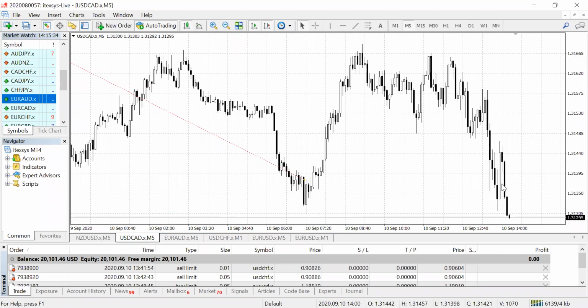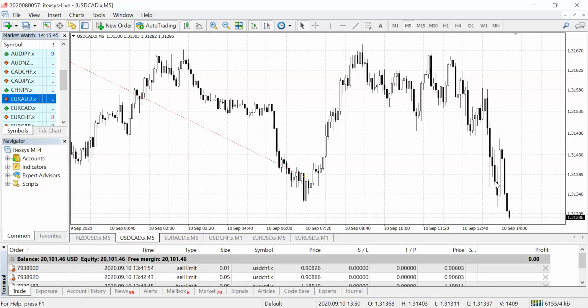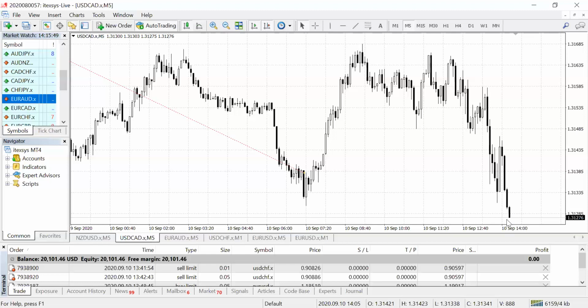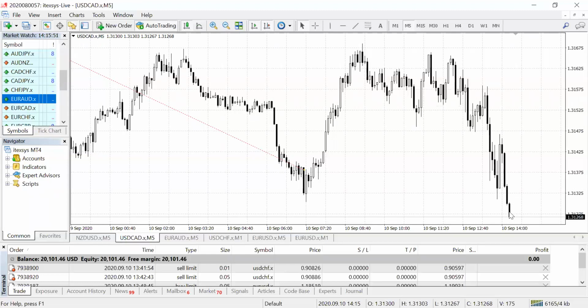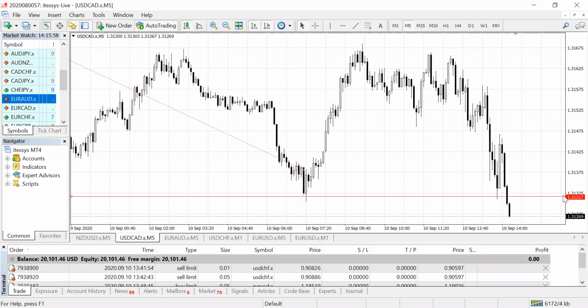It would be a great setup, because back here, this was a demand area. We touched it the first time right here, and we had the rejection, and now we're going through. So this should break hard to the downside, and if that happens, this now becomes a resistance point.